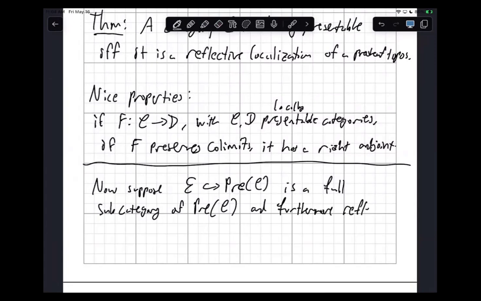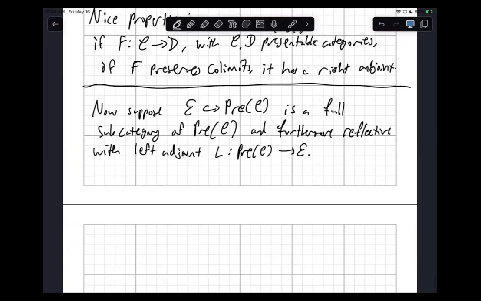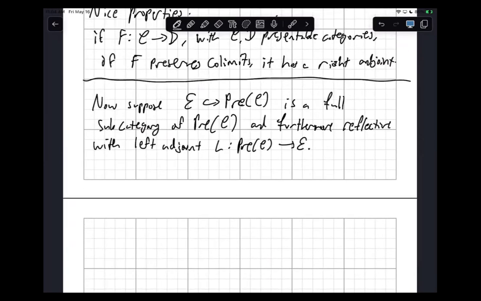So that means that it's a locally presentable category.